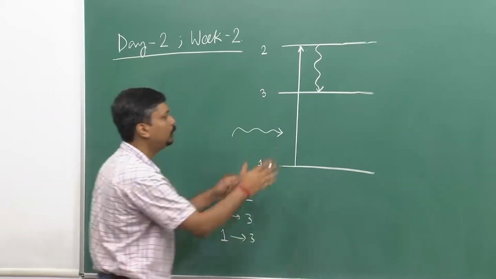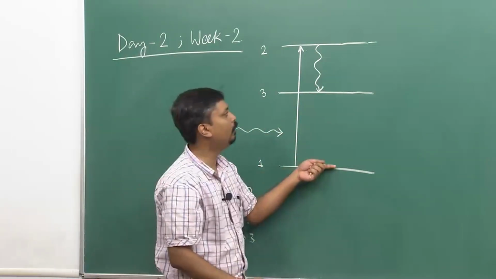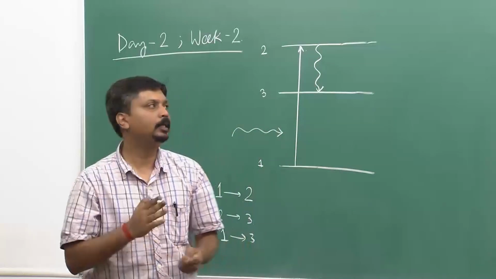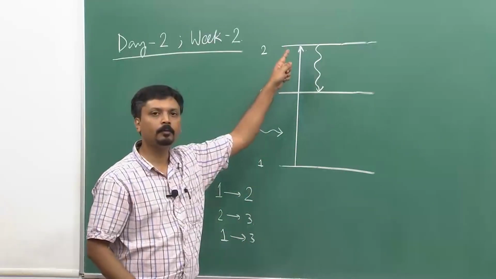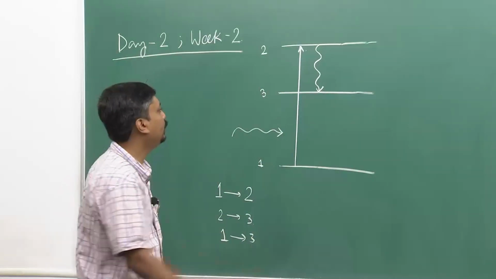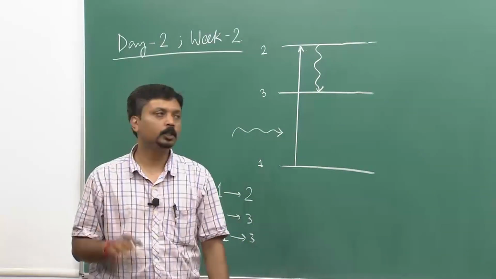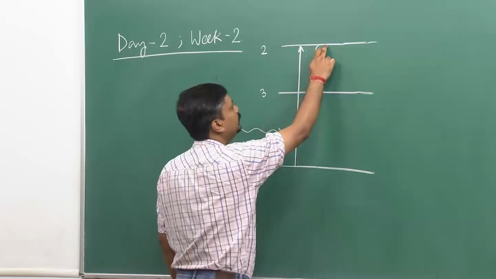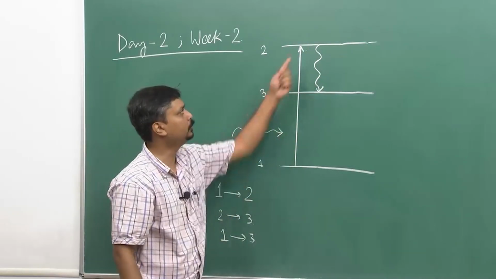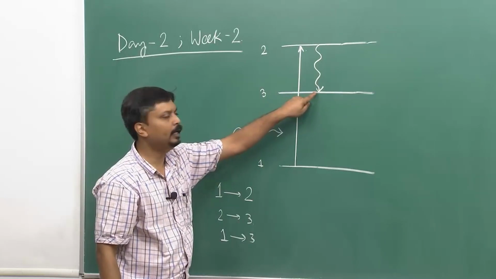Whenever I show transitions involving states, the solid straight line arrow means a transition in a radiative manner. On the other hand, the wavy arrows signify non-radiative transition.